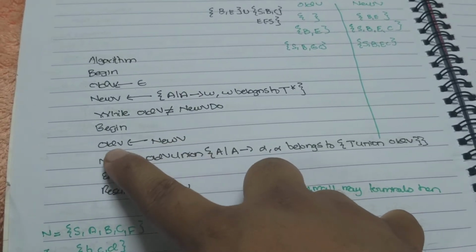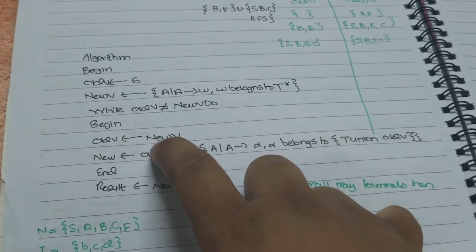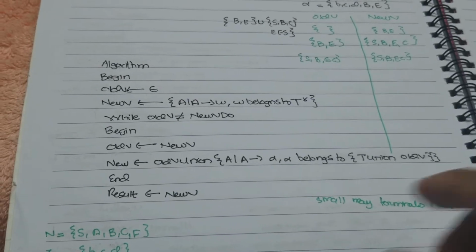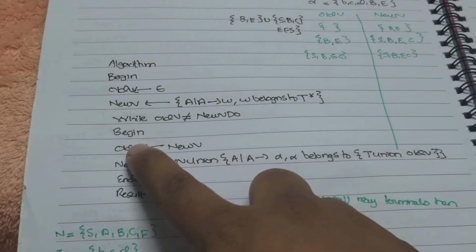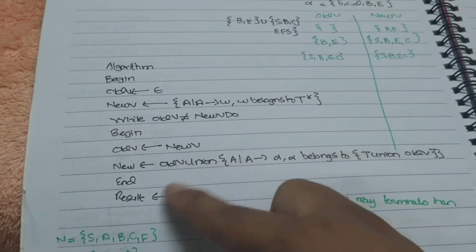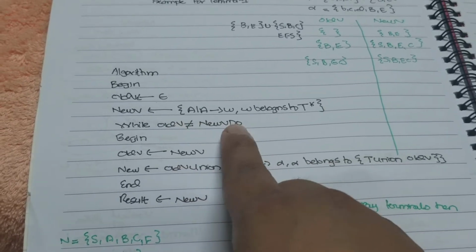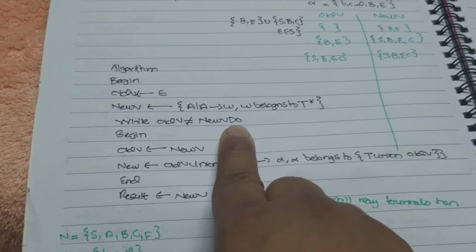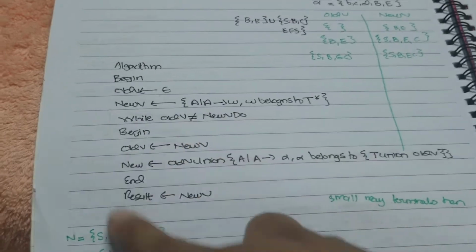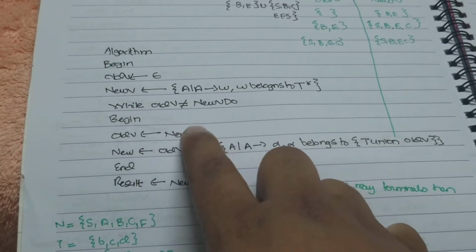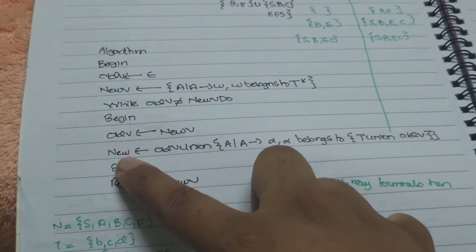Begin the loop. New V becomes old V. Until this condition becomes false, this is going to keep happening. New V is going to become old V, and what is new V?